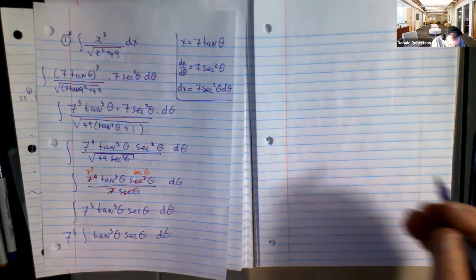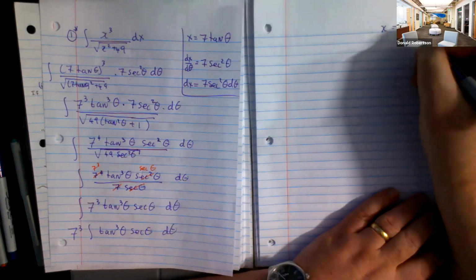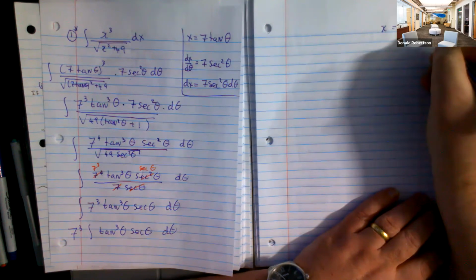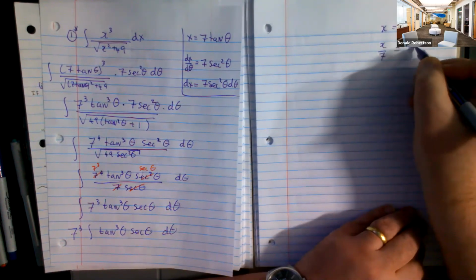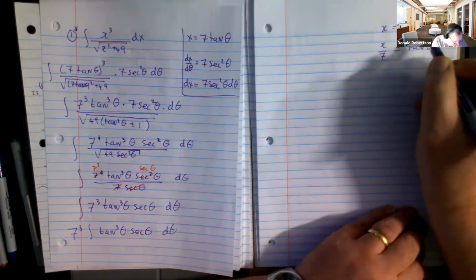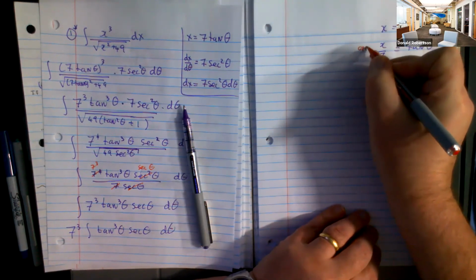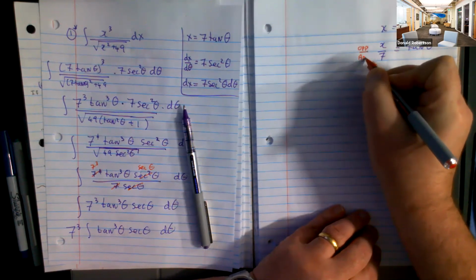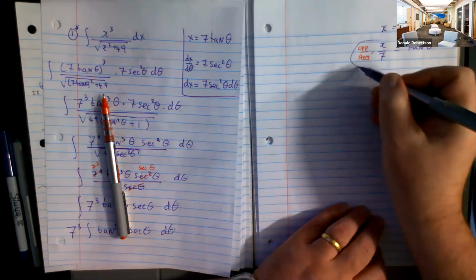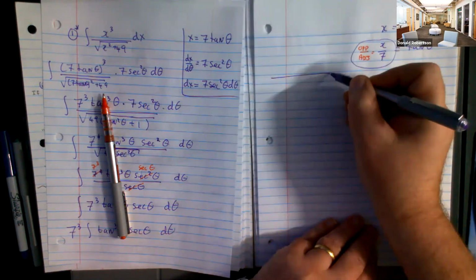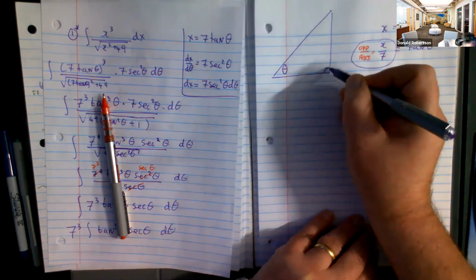We're going to do that by building the triangle. So we start with that fella. If you divide both sides, you get that fella. SOHCAHTOA tells me that a tangent is an opposite over an adjacent. This allows me to build my triangle. Here's my angle theta.